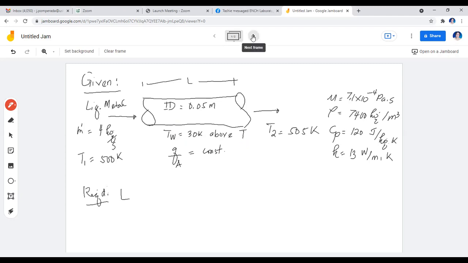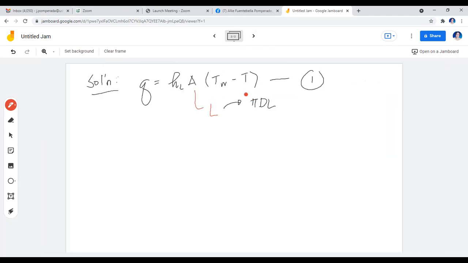So going back to my question, the answer is a no, but the problem gives you the value of this already. This comes in the form of the 30 Kelvin value stated, which is already the difference between the wall temperature and the bulk temperature of the fluid.